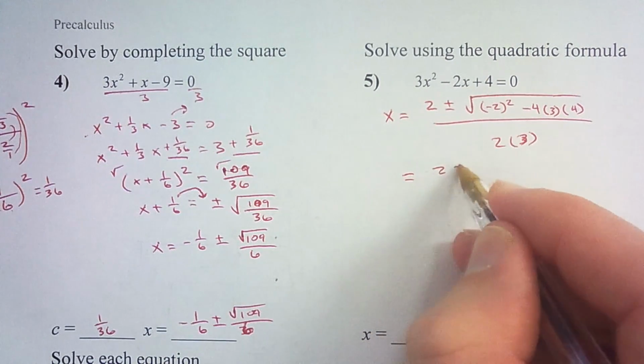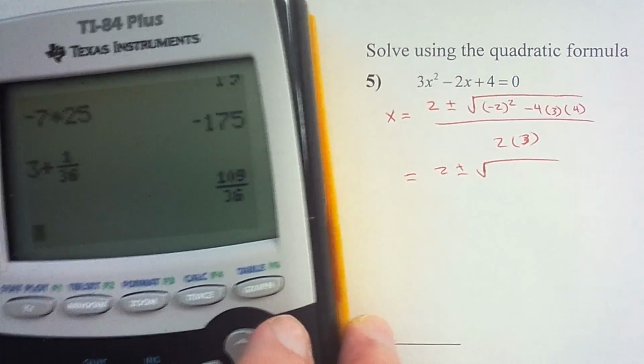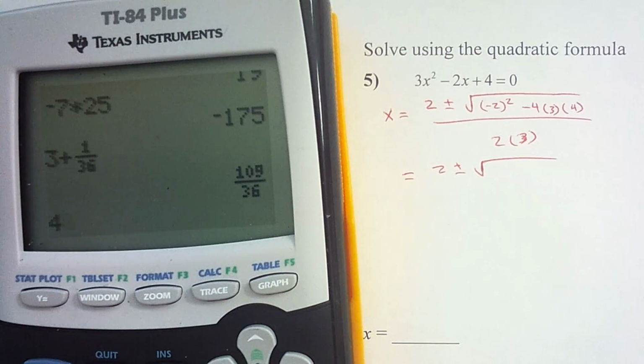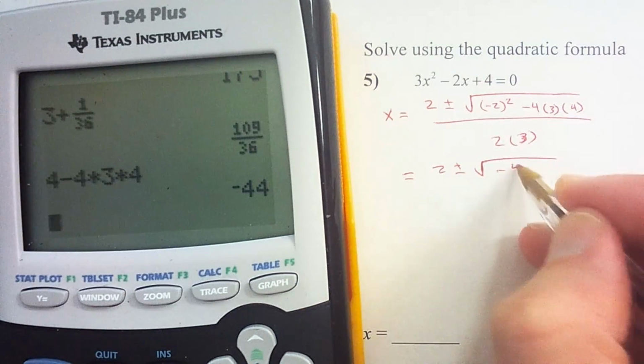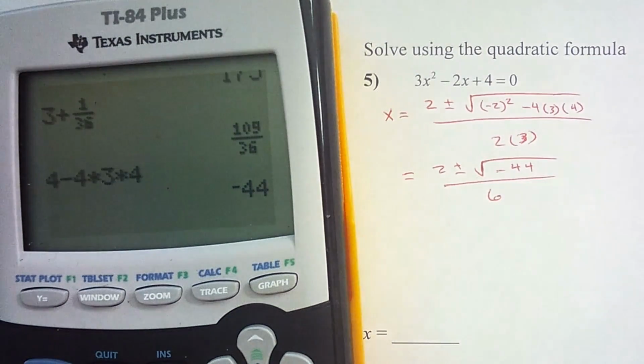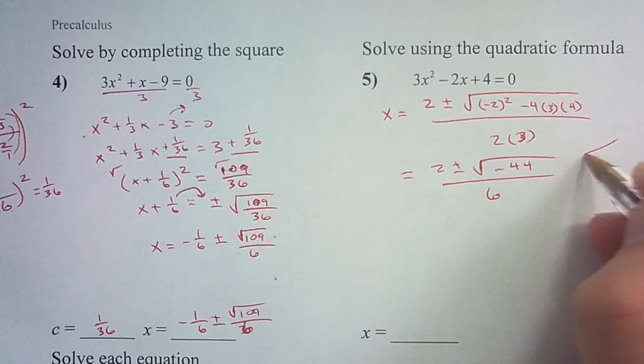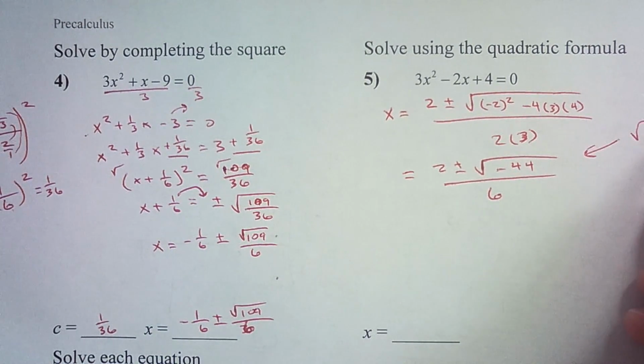So that's 2 plus or minus the square root of, so negative 2 squared, that's 4, minus 4 times 3 times 4, and that's negative 44, all over 6.